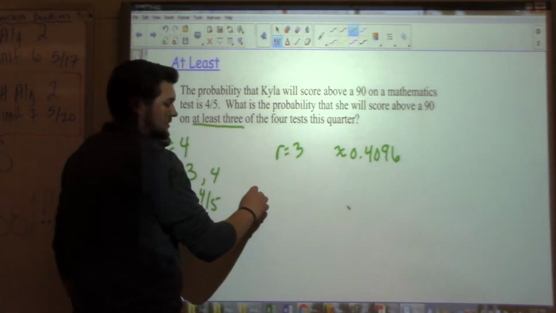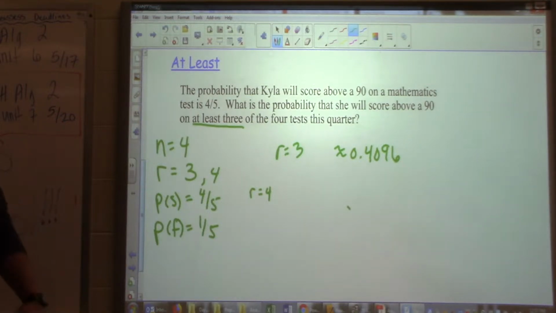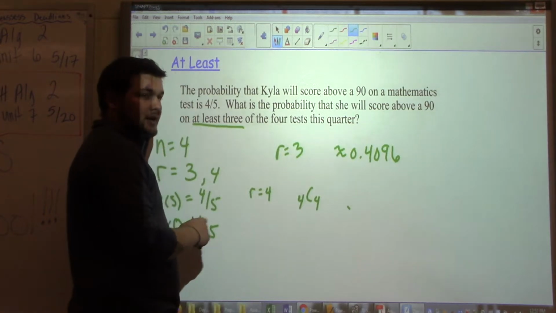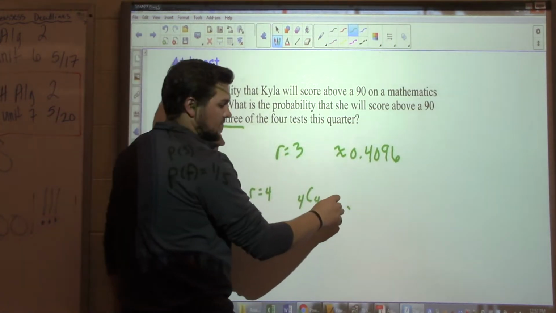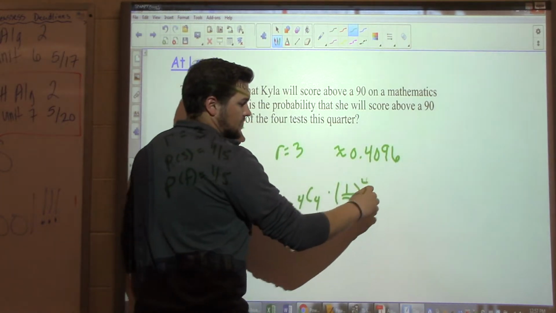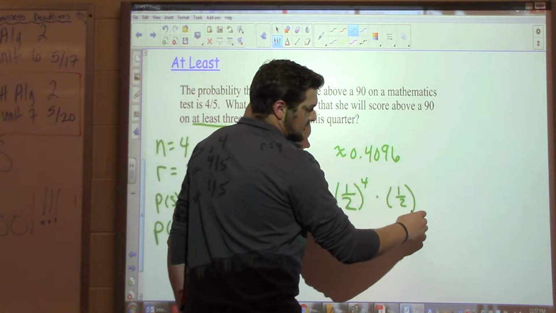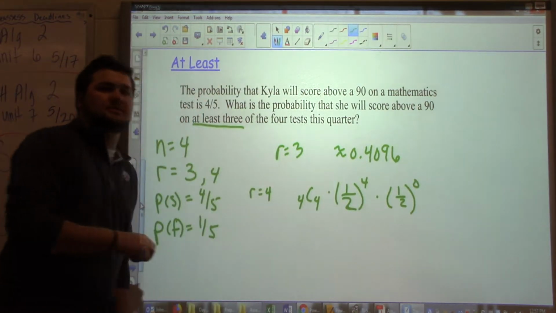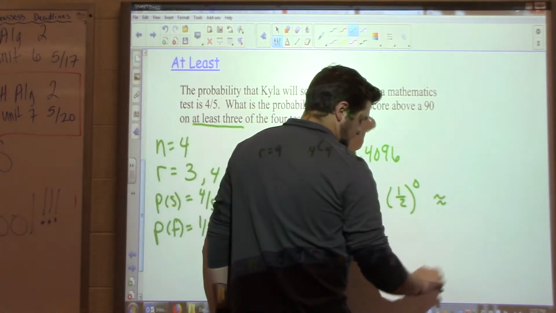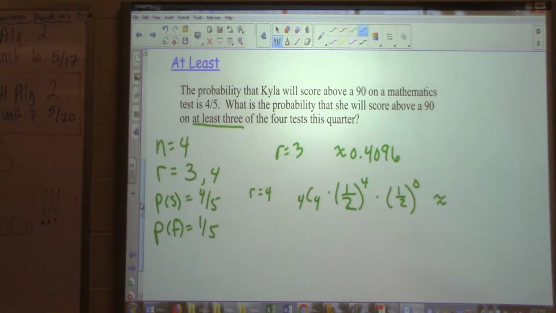So now all I have to do is r equals 4. If she gets a 90 or above on all 4. Well, 4C4, right? Combination of 4 things chosen 4 times, times probability of success to the r power, which is 4, times probability of failure to the n minus r power, which comes out to be 0. Can anyone put that in their calculator already?